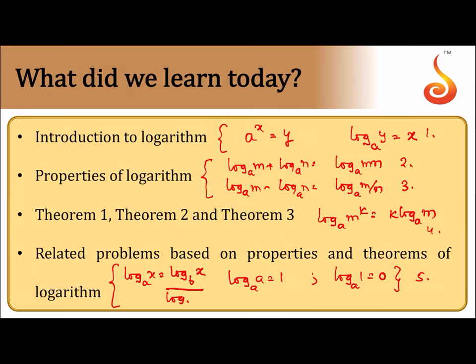Last but not the least, change of base: log base a x, I want to change into base b, log base b x by log base b a. Very important property. So 1, 2, 3, 4, 5, 6.